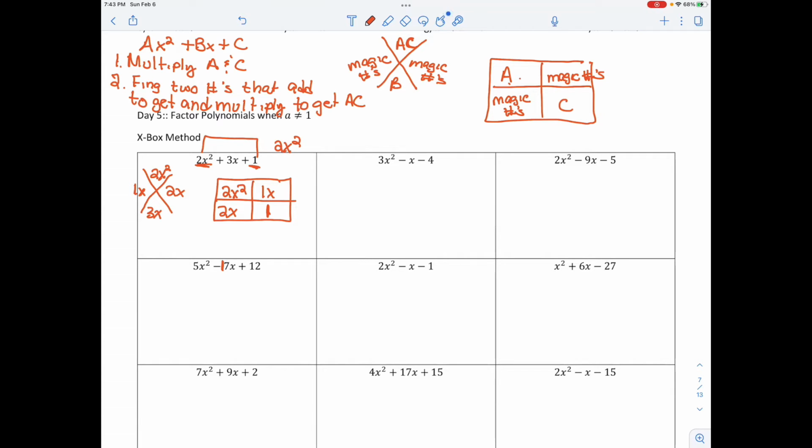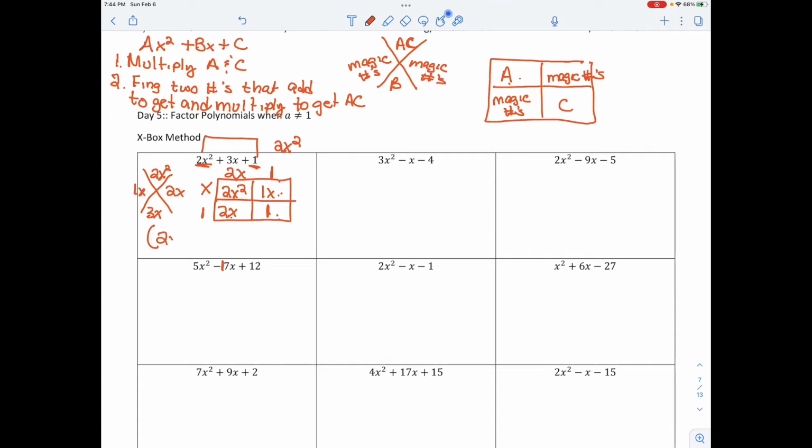What is the greatest common factor between 2x squared and 1x? Well, the only thing they have in common would be an x. What's the GCF between 2x and 1? That would be 1. What's the GCF between 2x squared and 2x? 2x. And the GCF between 1x and 1 would be 1.